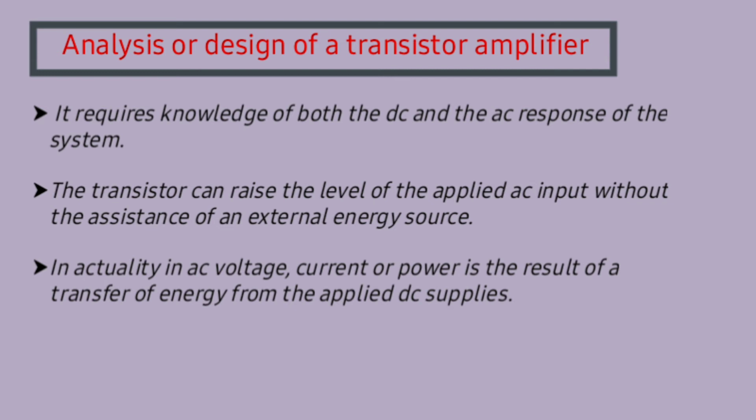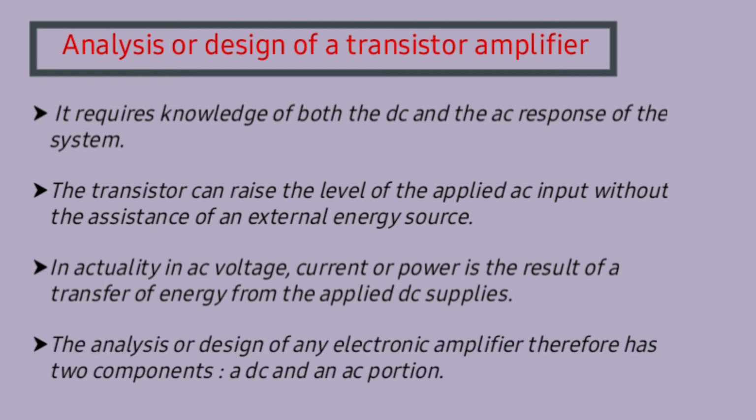In actuality, any increase in AC voltage, current or power is the result of the transfer of energy from the applied DC supplies. So the analysis or design of any electronic amplifier therefore has two components, a DC and an AC portion.